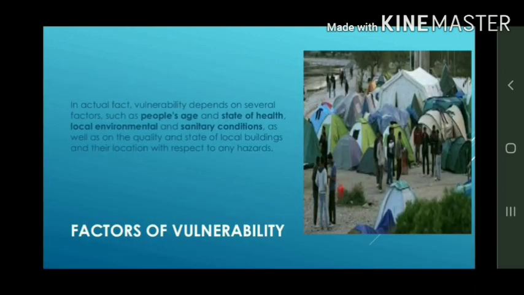Next, in actual fact, vulnerability depends on several factors such as people's age and state of health, local environmental and sanitary conditions, as well as on the quality and state of local buildings and their location with respect to any hazards. Okay, so this explains that natural disasters as the greatest challenges for human societies affect millions of people every year around the world.